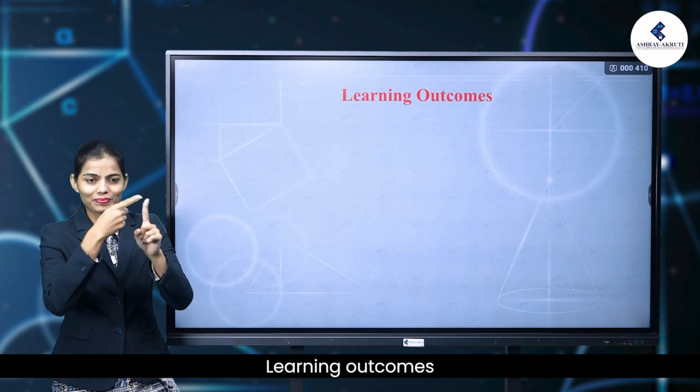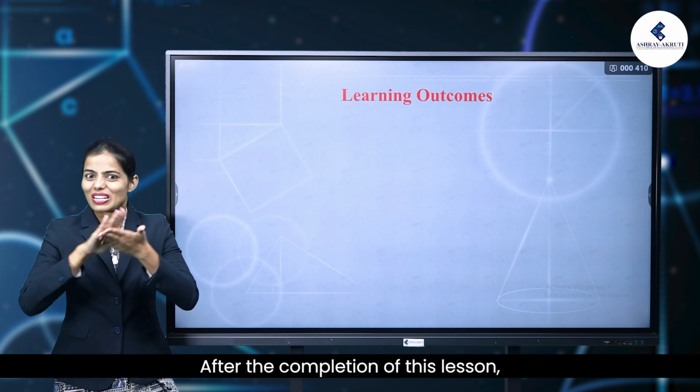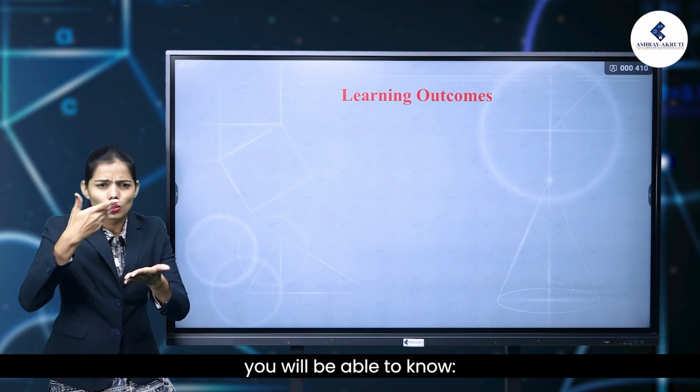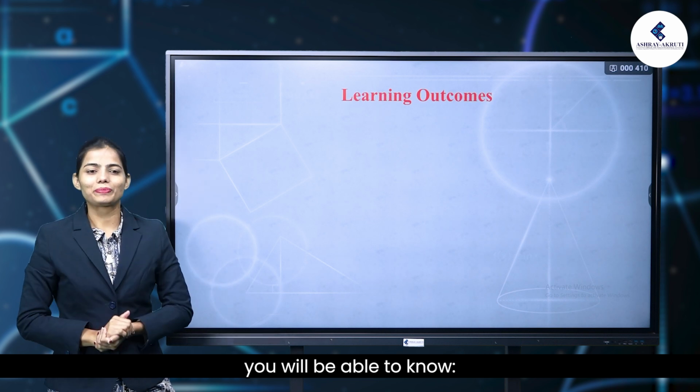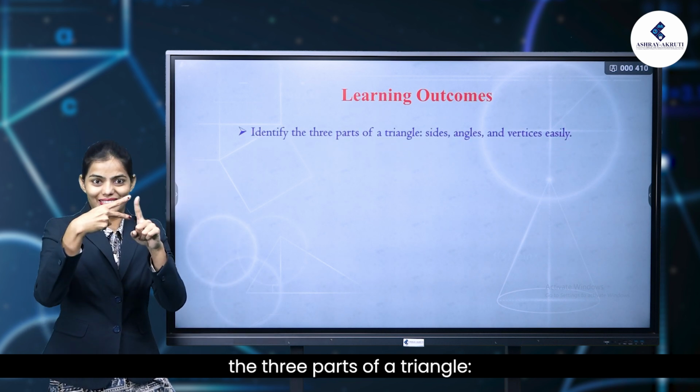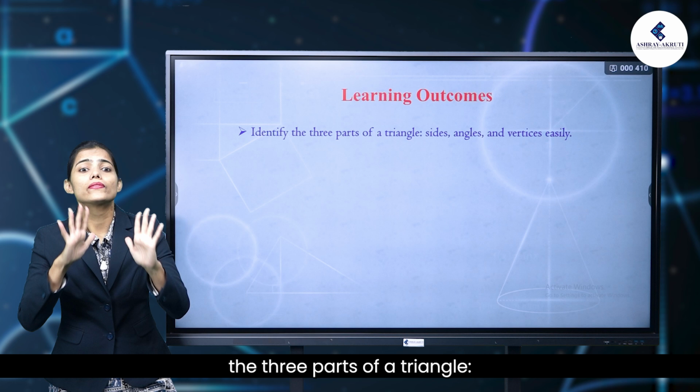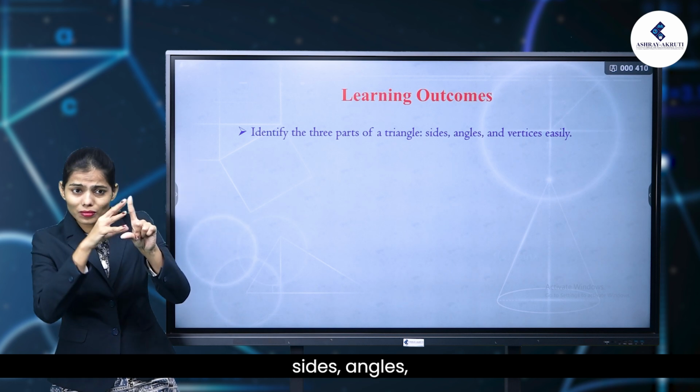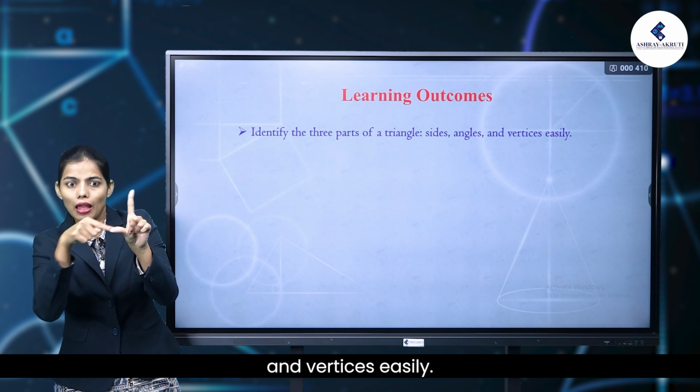Learning outcomes. After the completion of this lesson, you will be able to: identify the 3 parts of a triangle, sides, angles, and vertex easily.